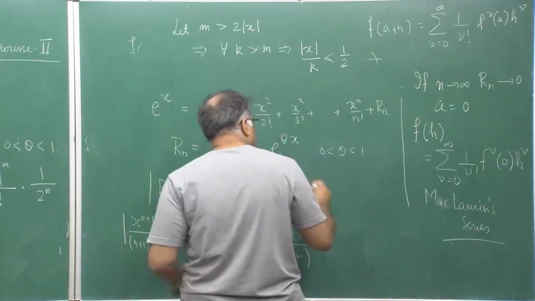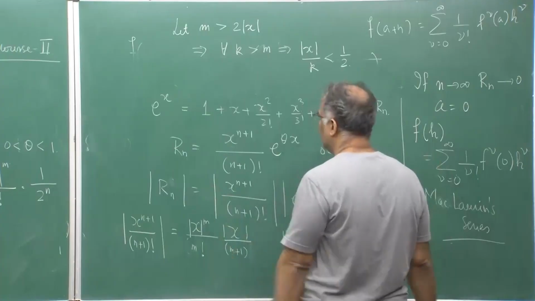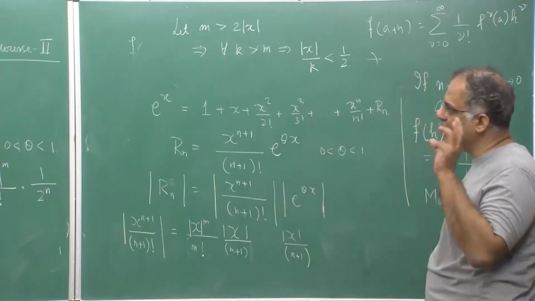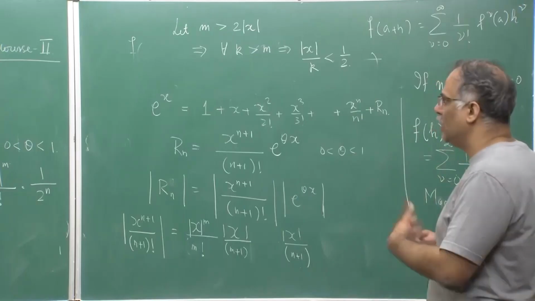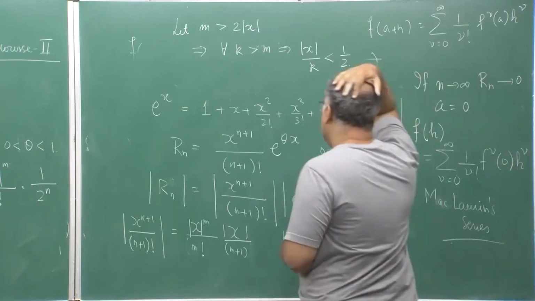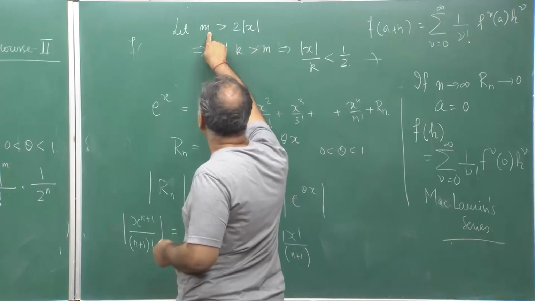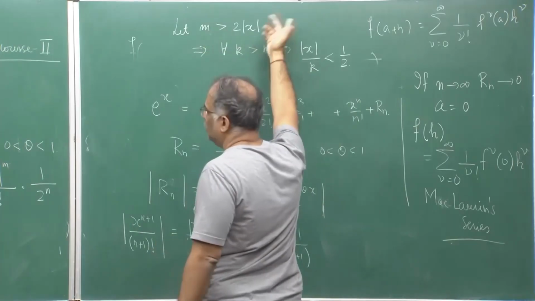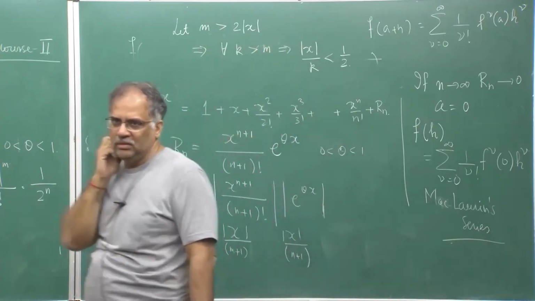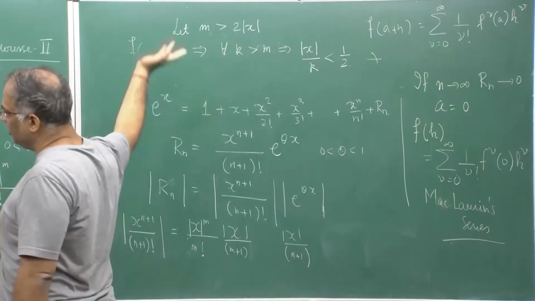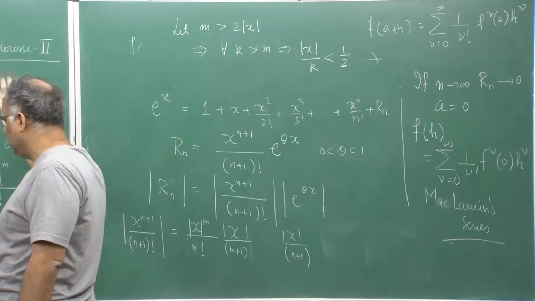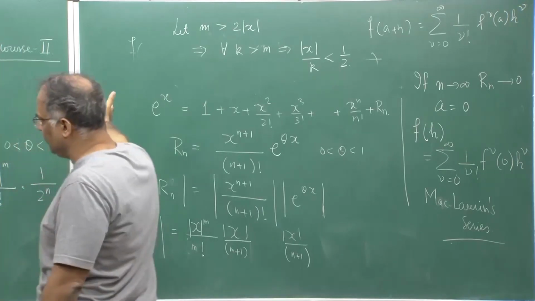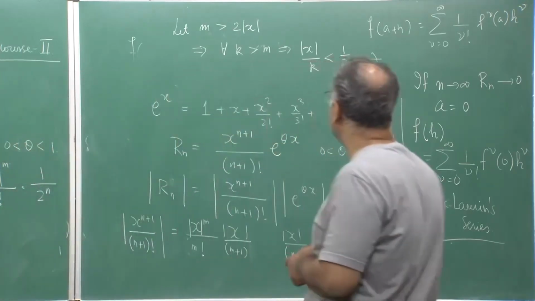We have fixed an x, and because our x chosen is arbitrary, this game will operate for all x. Whatever the x, you always choose m strictly greater than 2 mod x, and you can always choose n much bigger than that m, because e to the power x is infinitely differentiable.